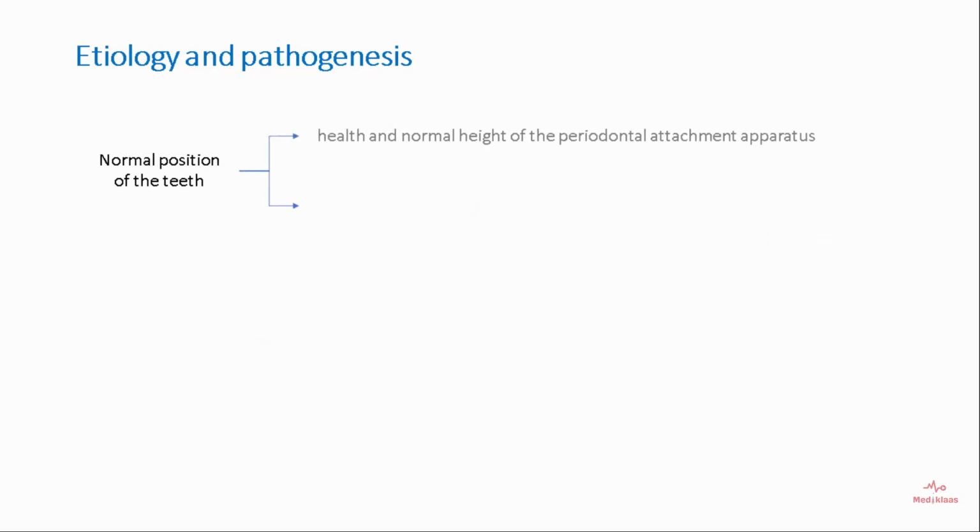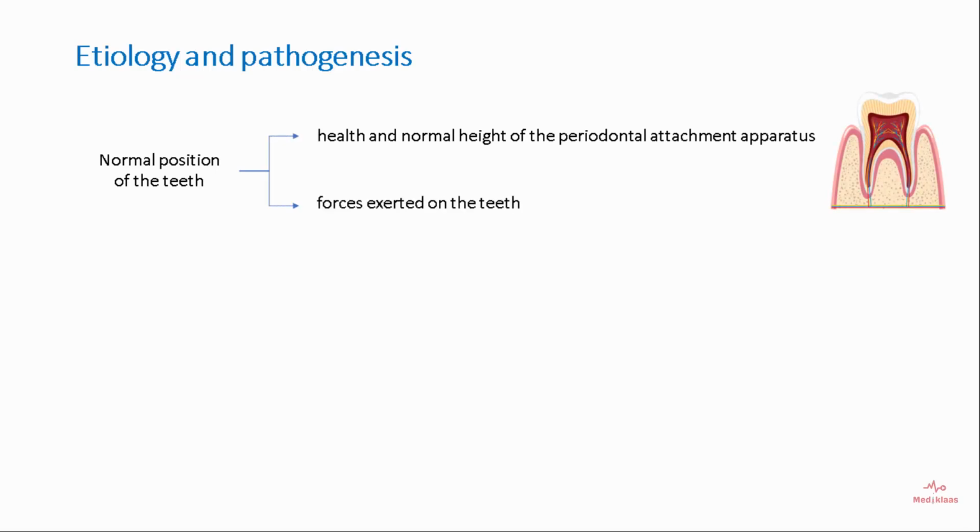Etiology and pathogenesis. The normal position of the teeth is maintained by two factors: the health and normal height of the periodontal attachment apparatus, and the forces that are exerted onto the teeth. Forces could be in the form of occlusion and pressure from the lips, cheeks and tongue.